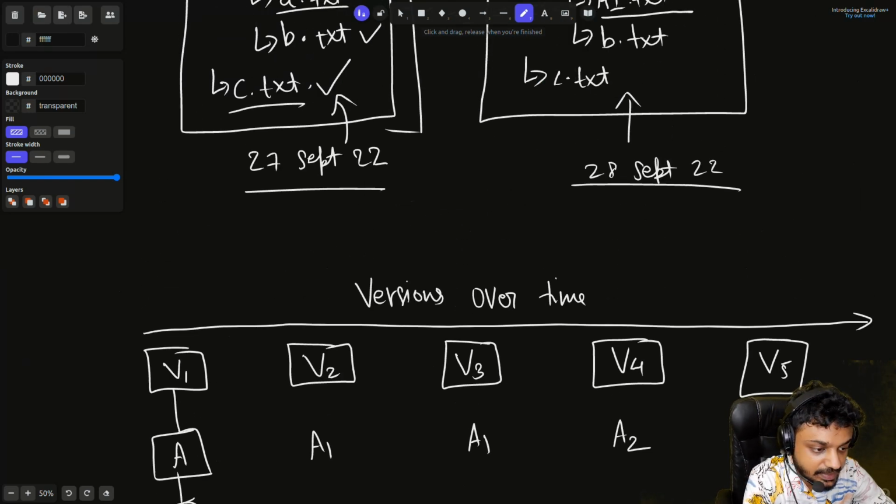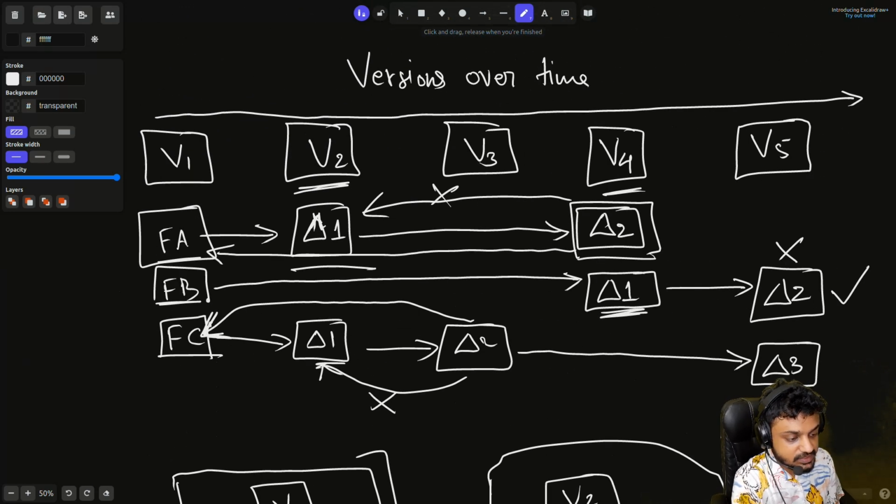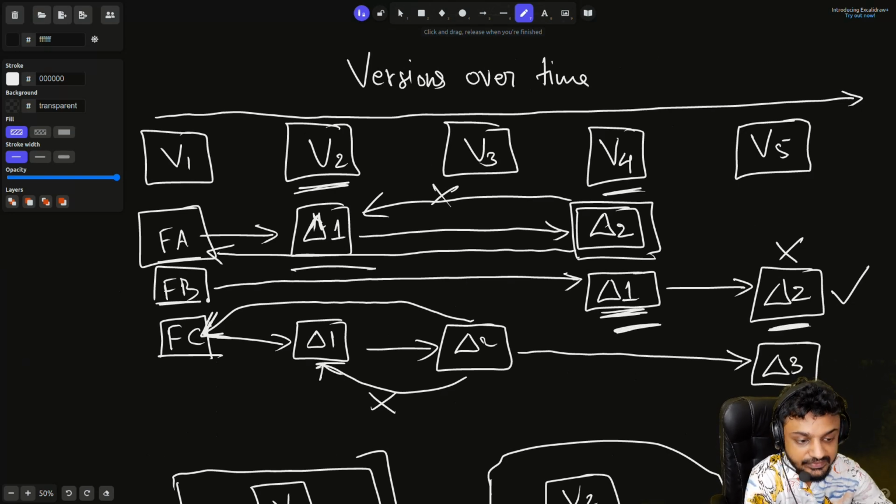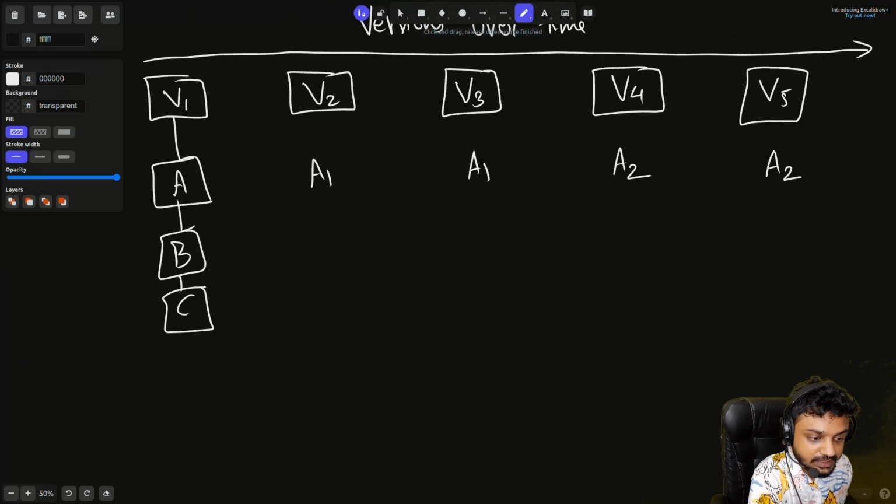If we go to file B, file B is going to have its first change here, in v4, and then it has a change in v5, right? So here it will still be B, here it will still be B, right? Here it will be B1, here it will be B2, right?